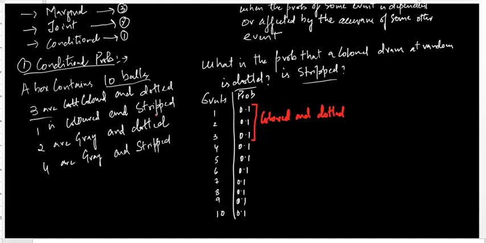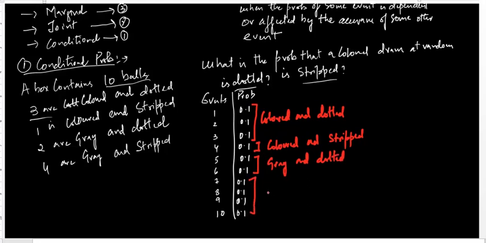Then I have one colored and striped. Then I have two more, they are grey and dotted. And then I have 4 left, they are grey and striped.